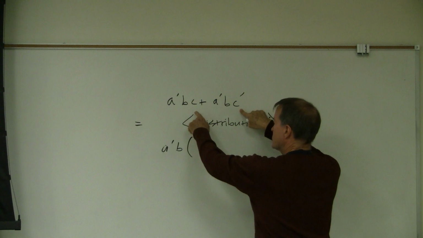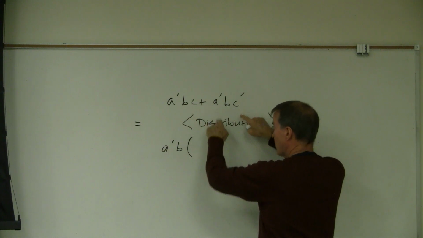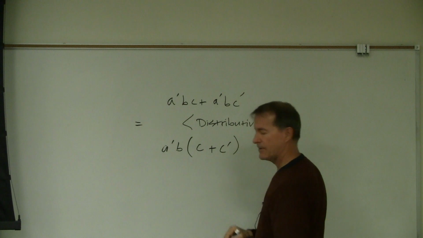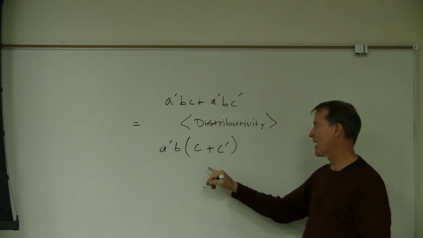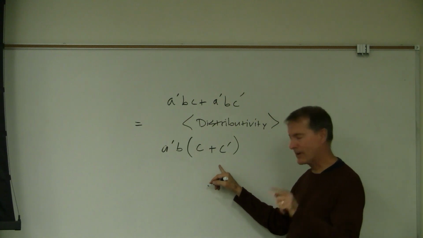The one place where they differ. And so what do we have here? C or C prime. Are you with me? But what do we know about C or C prime? That's 1.